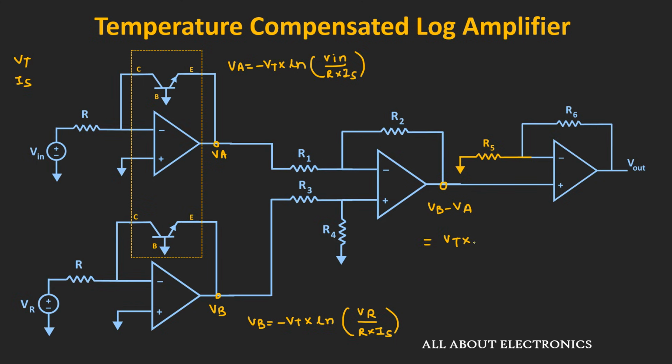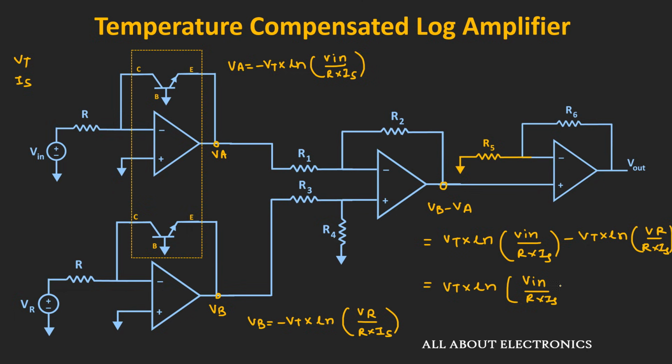or we can say that the output voltage Vout will be equal to Vt times ln Vin divided by R times Is minus Vt times ln VR divided by R times Is. And if you simplify it, then we can say that VB minus VA will be equal to Vt times ln Vin divided by R times Is multiplied by R times Is divided by this reference voltage VR, or we can say that VB minus VA will be equal to Vt times ln of input voltage Vin divided by this reference voltage VR.